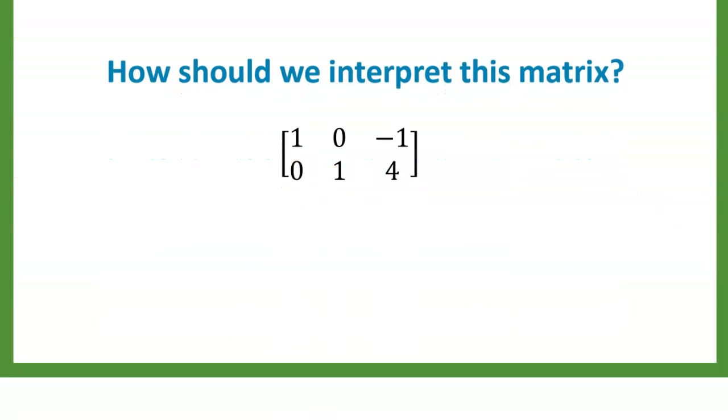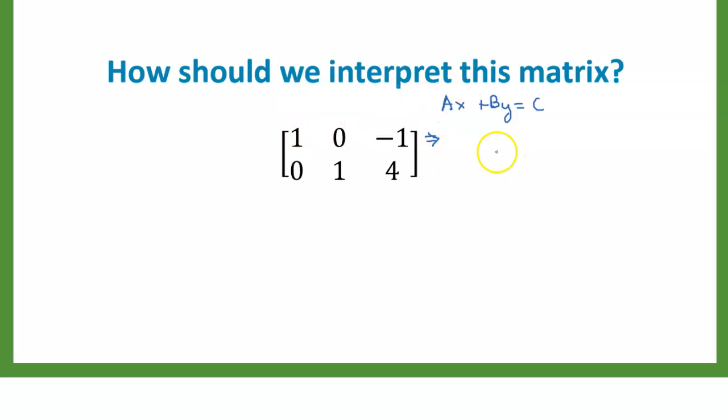So question, how should we interpret this matrix? Knowing what we know, right? We said this represents something in the form ax plus by equals c. What would this matrix mean? We've got some zeros in there, which is kind of weird. Well, let's just put this first one into standard form and see what we get.